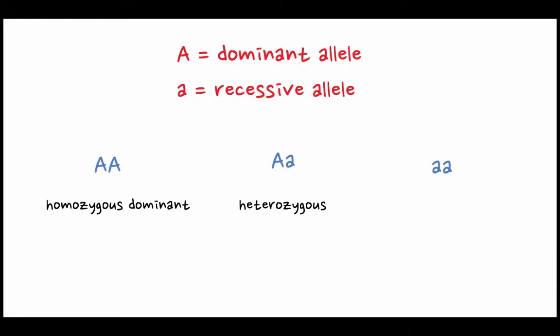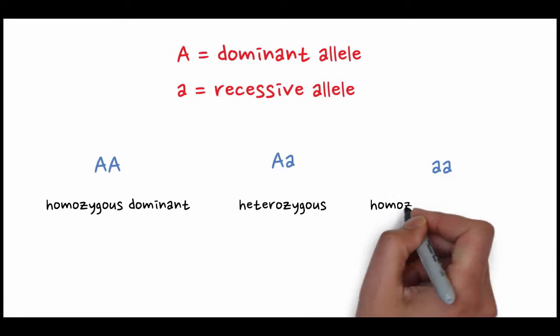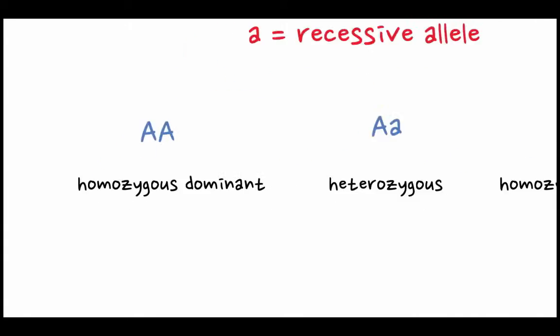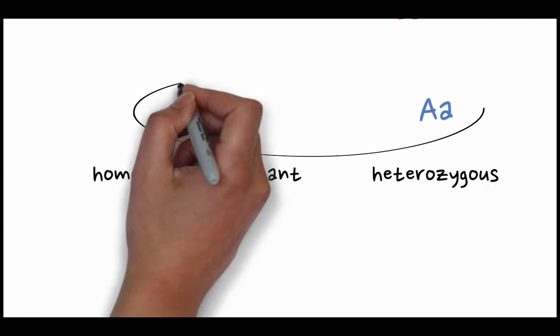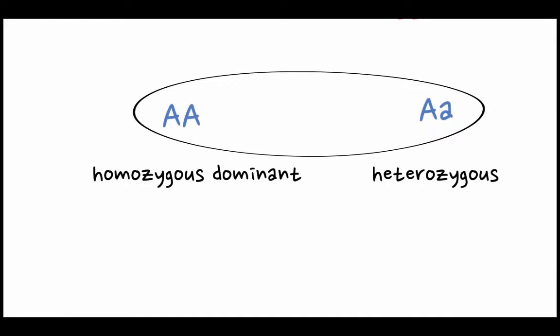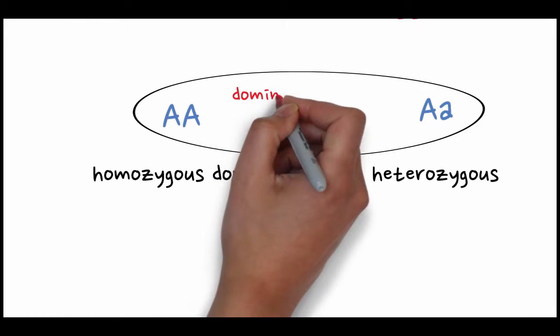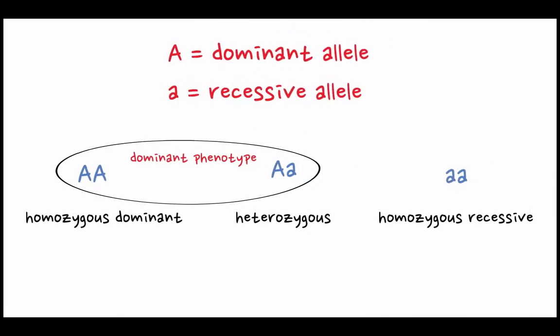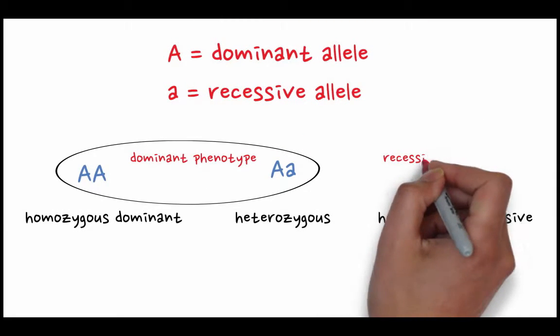And little a, little a represents the homozygous recessive. Note that big A big A and big A little a will have the dominant phenotype, while little a little a exhibits the recessive phenotype.